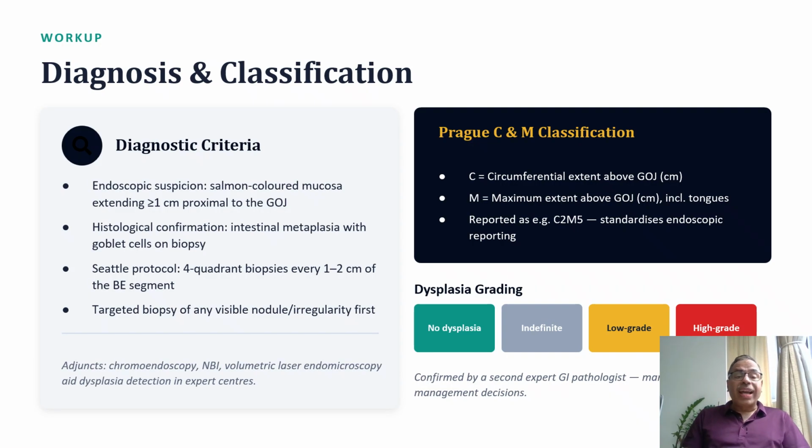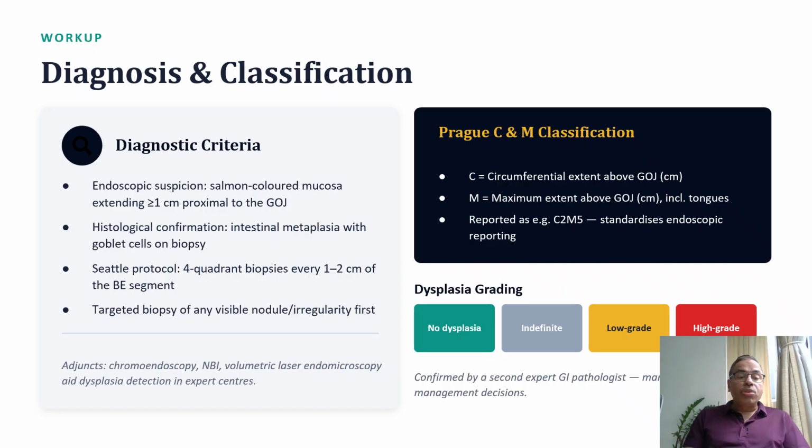Now let's go into the diagnostic and different types of classification systems used for Barrett's esophagus. So what are the diagnostic criteria for Barrett's esophagus? The most important diagnostic criterion is endoscopic suspicion of Barrett's esophagus. And what are the endoscopic suspicion features or red flags?